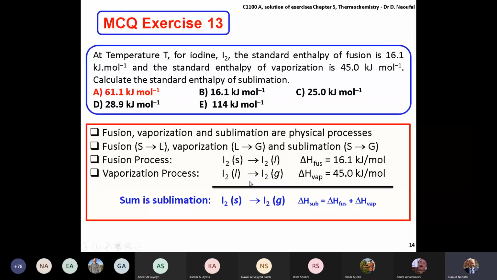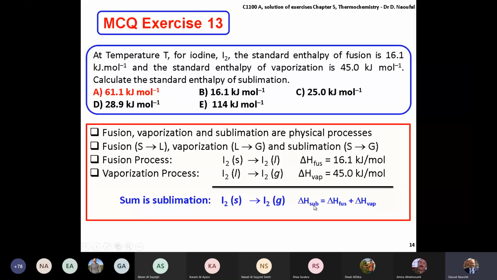So for the sublimation, add these two reactions. I2 liquid will eliminate I2 liquid, so we obtain I2 solid to I2 gas. This is a sublimation from solid to gas. Since the sublimation reaction is the sum of the fusion and vaporization reactions, delta H of sublimation is the sum of delta H of these two processes.